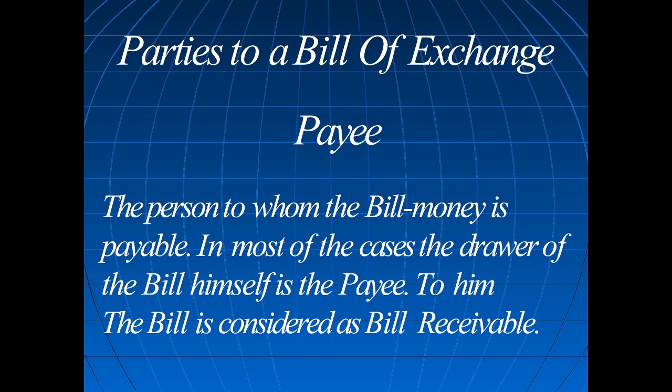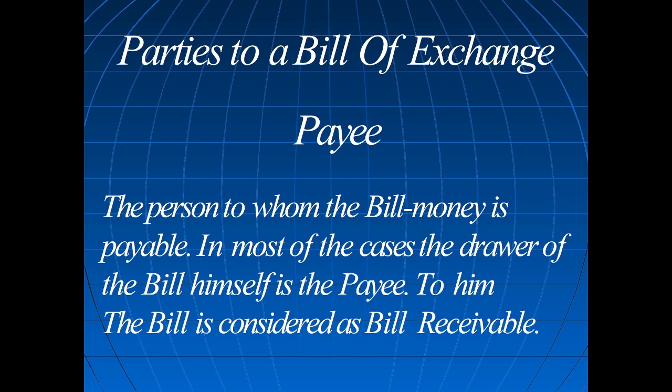Drawer is always the same, who sold the goods. Drawee is always the same, who will purchase the goods and accept the bill. Payee will change according to the receiver of the money. Sometimes I will receive the money.